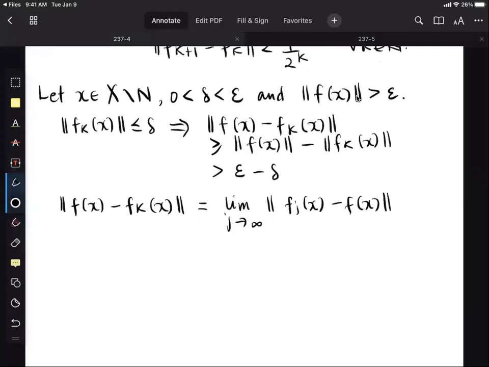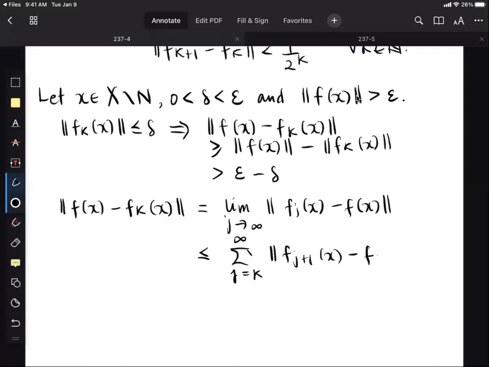And then by adding and subtracting terms and applying the triangle inequality, this is less than or equal to the sum from j equals k to infinity of the norm of f sub j plus 1 of x minus f sub j of x. Okay.